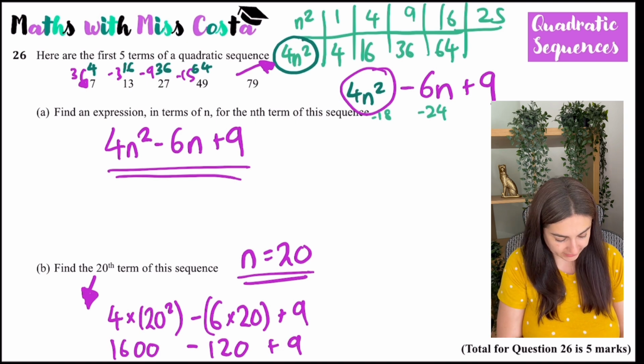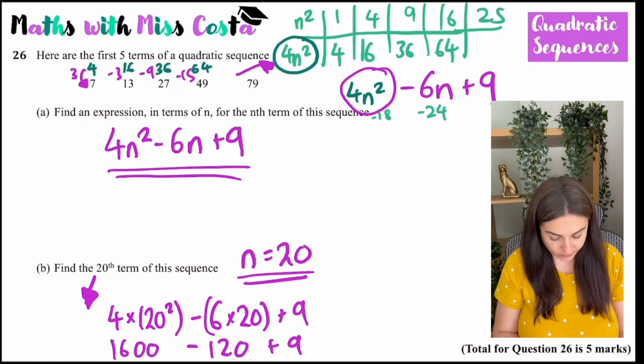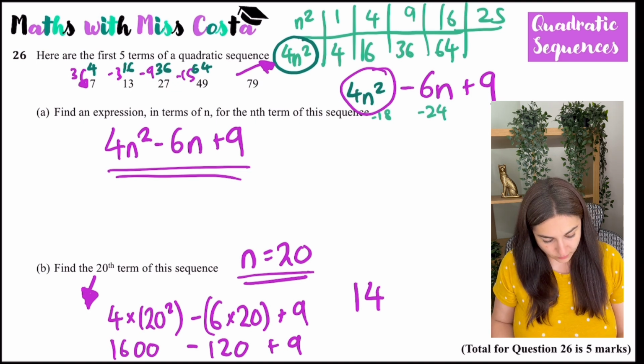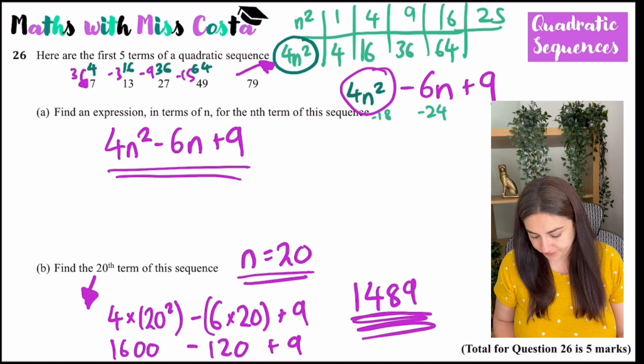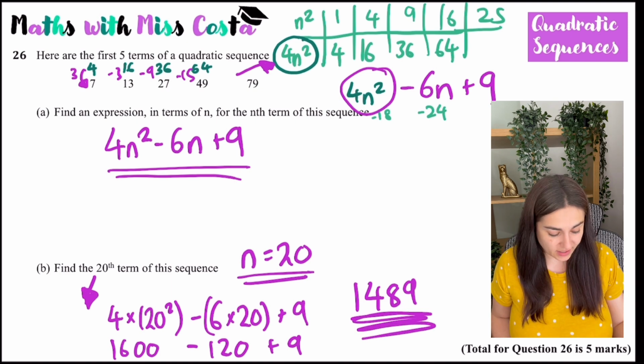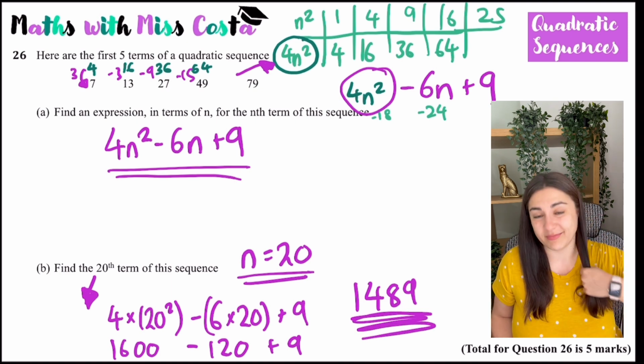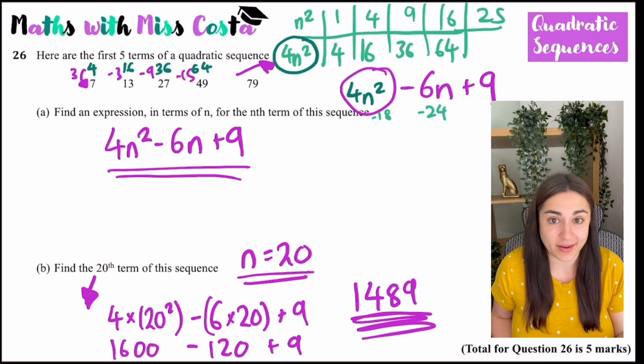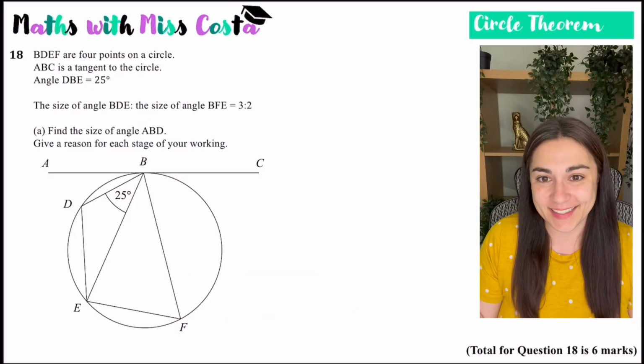So 1,600 take 120 plus 9 equals 1,489. And that's how I do that. I know there are other ways, I don't like them, but if you know the other way and you get the same answer, absolutely.